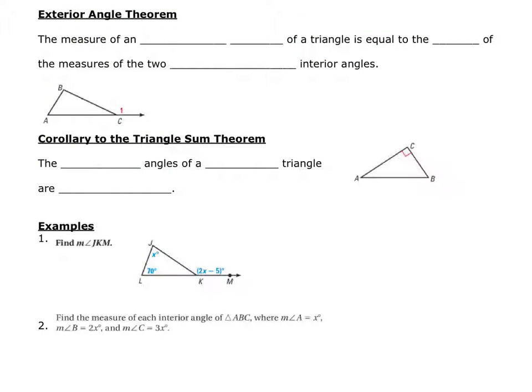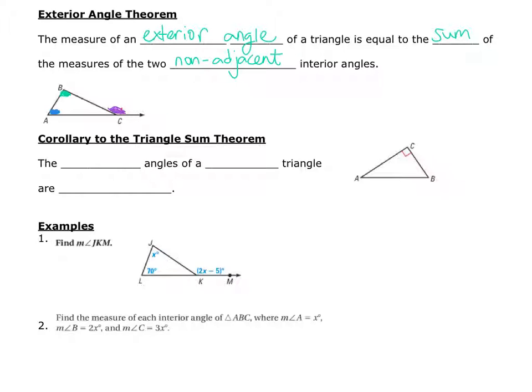Because we have those exterior angles, we have a theorem that we can remember to help us with solving for those exterior angles and the measures of them. The measure of an exterior angle of a triangle is equal to the sum of the measures of the two non-adjacent interior angles.